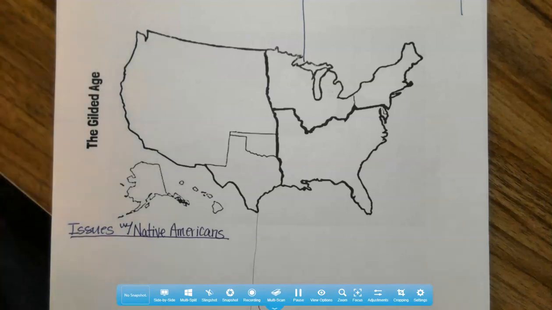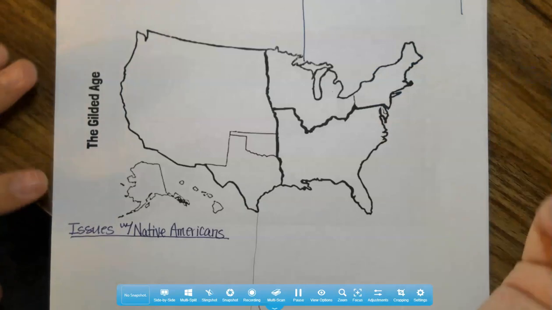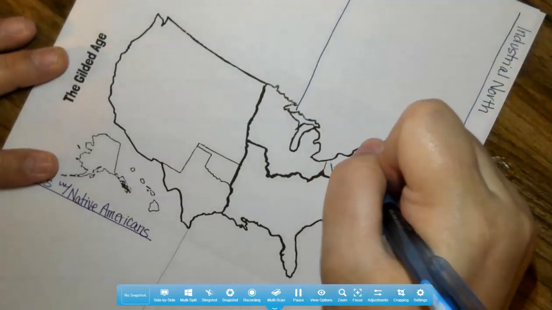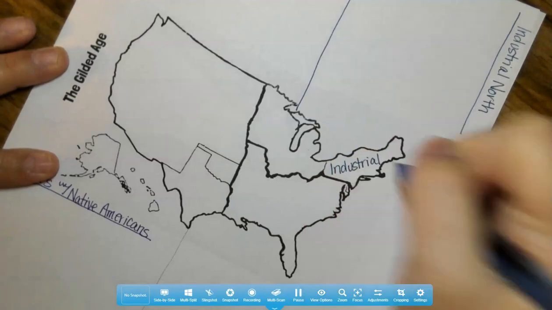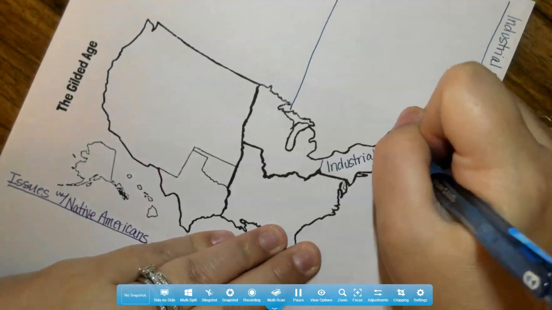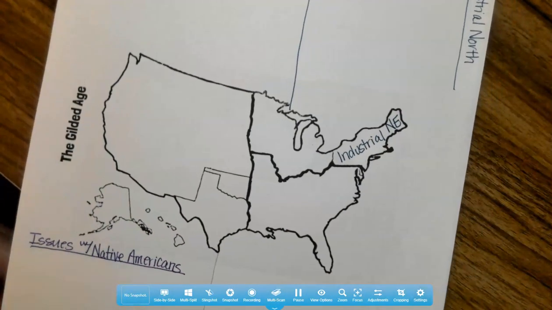For instance, if you were in this portion right here, this is the industrial northeast. Okay? So industry, machines, factories, all of those things, and a lot of cities.